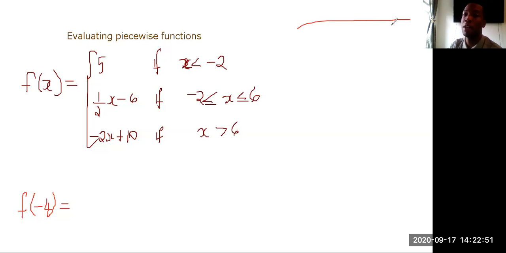If we do our number line, 0, -1, -2, -3, -4. -4 is less than -2. All right, so since -4 is less than -2, it means that my answer is 5, that one.